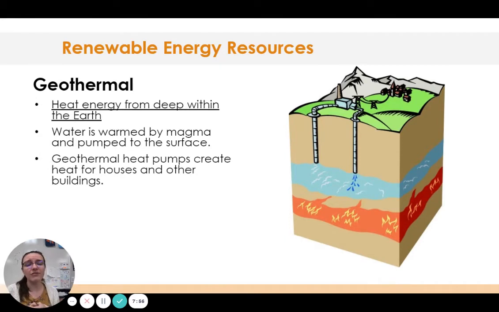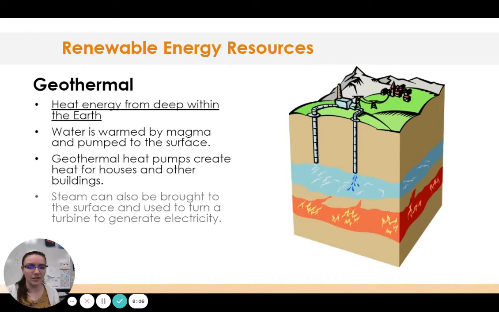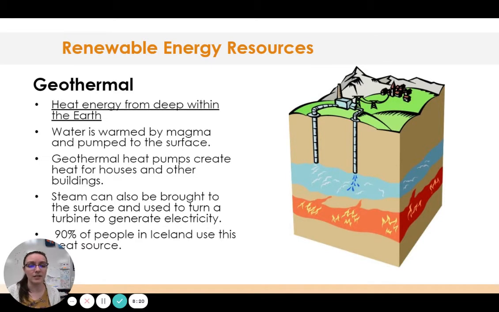There are kind of two different ways you can use geothermal, either just pumping up that warm water and using warm water, or by then using that warm water to spin a turbine and generate electricity that way. So either just the warm water is what heats your house and gives you hot water for a shower, or the steam from that hot water can spin a turbine to give you electricity.